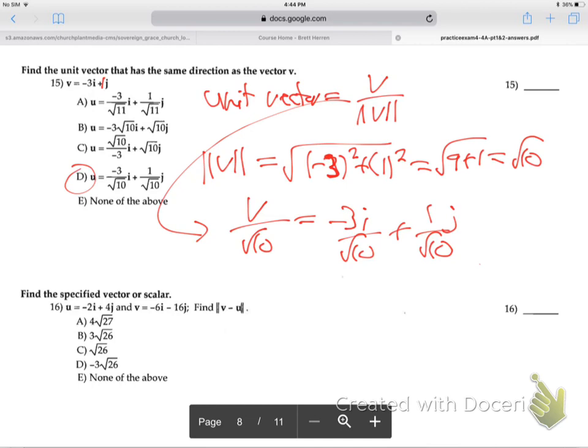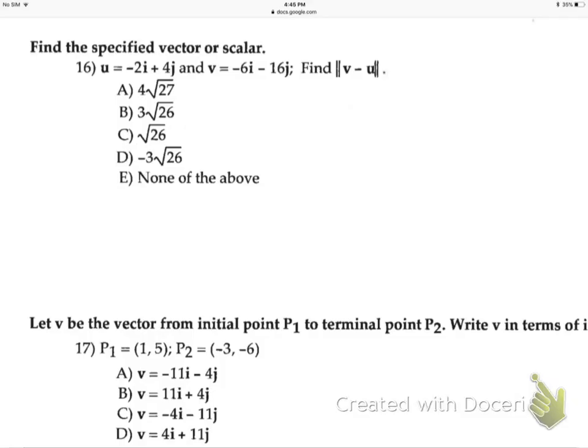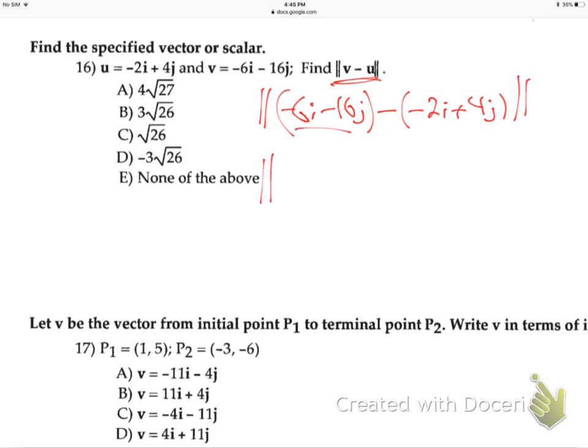All right. Next, number 16. Find the magnitude of V minus U. So we've got to take the V vector minus the U vector. So this minus sign distributes.